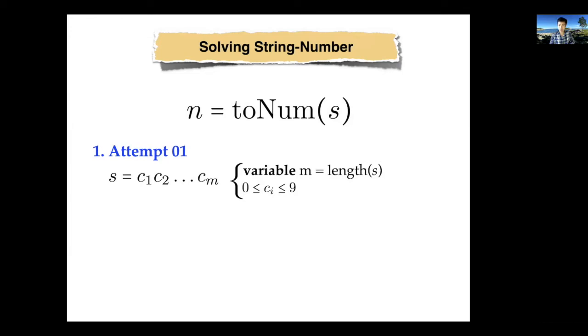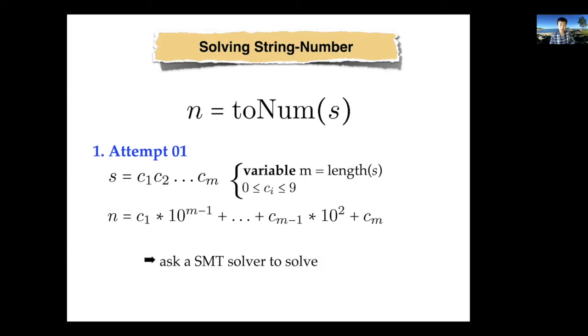Call m equal to the length of s. So we can rewrite s equal to c1 to cm with all ci's from 0 to 9. Now we can have the value of n equal to the constraint over here. To solve it, that means we need to find the value of C1 to Cm and the value of m.